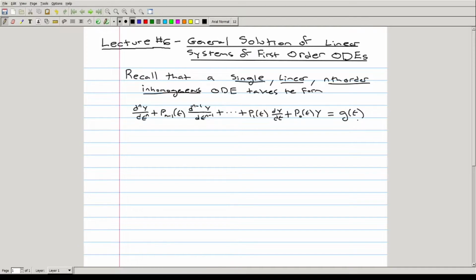And you'll hopefully recall that the solution method for such a differential equation involves finding what's called the general homogeneous solution, the general solution to this differential equation where g is 0, and adding to it a particular solution to this differential equation.